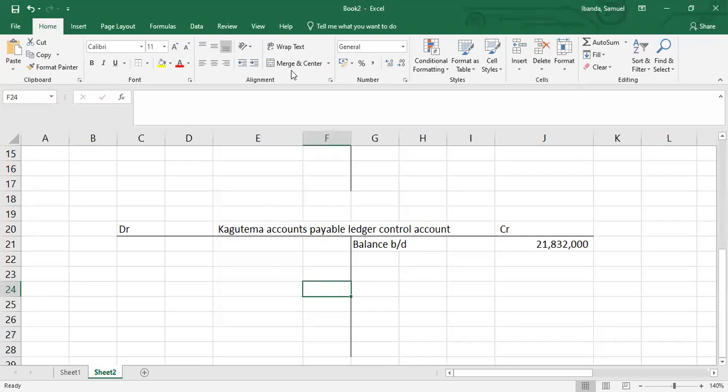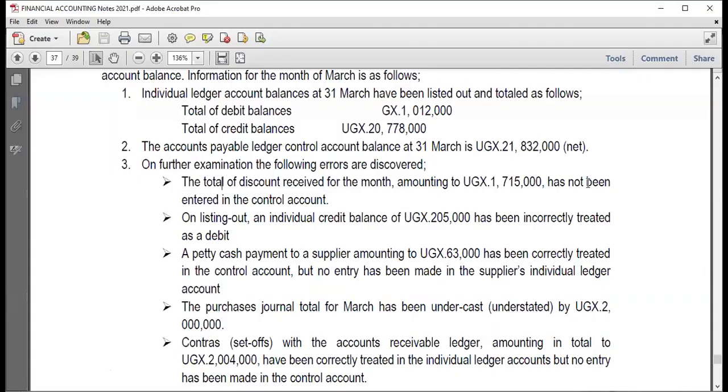So our first error has a discount in it. They are telling us that the total discount received for the month had not been entered in the control account. So ours is actually to enter it there. And when it comes to discounts, they are supposed to be debited, because they reduce what we should pay to our suppliers.